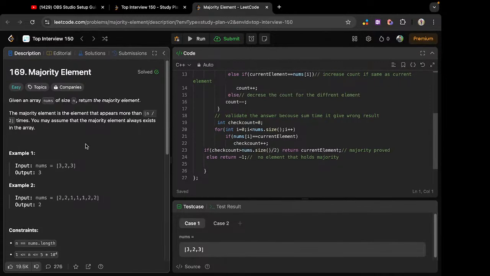I will solve it after some time. Otherwise, my mind will be totally blank.